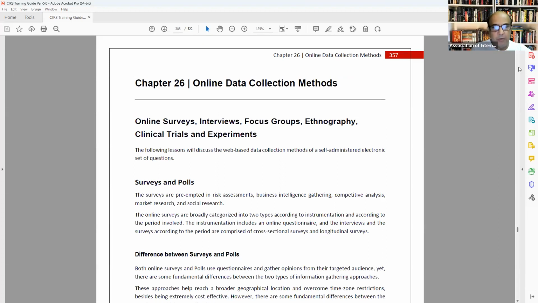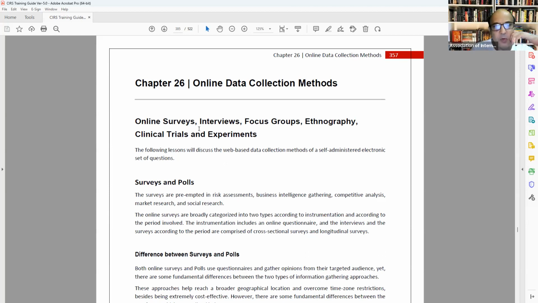I think even before we get to the analytics, let's continue with the data collection. Since we did sampling, we'll continue with data collection. We'll do the analytics after this.